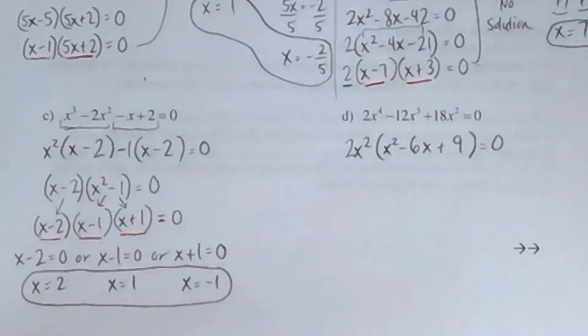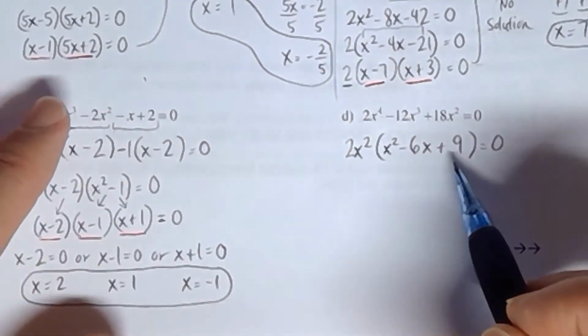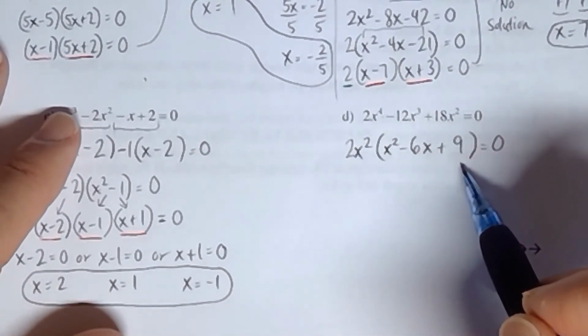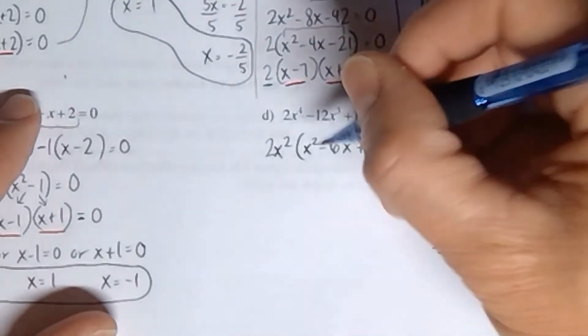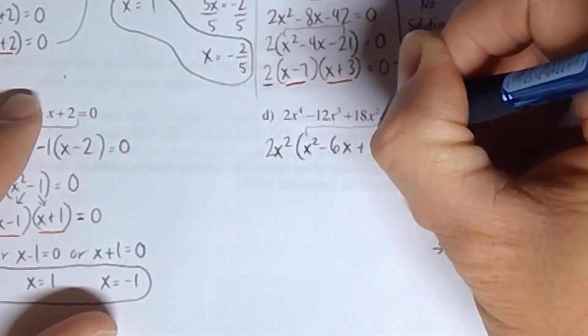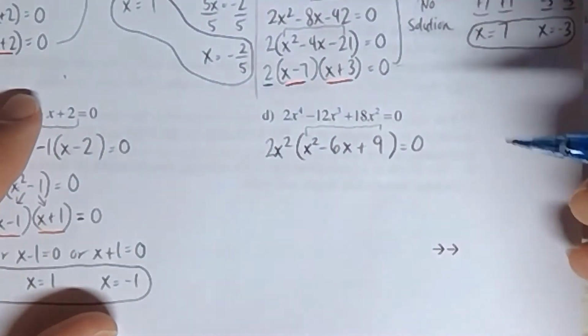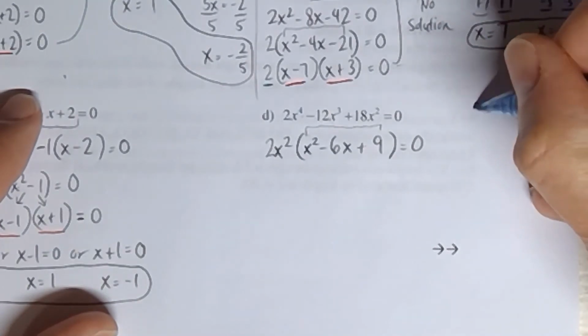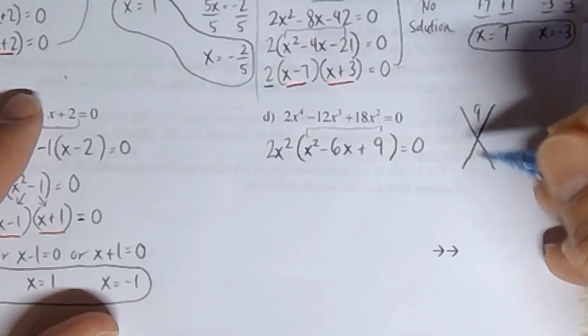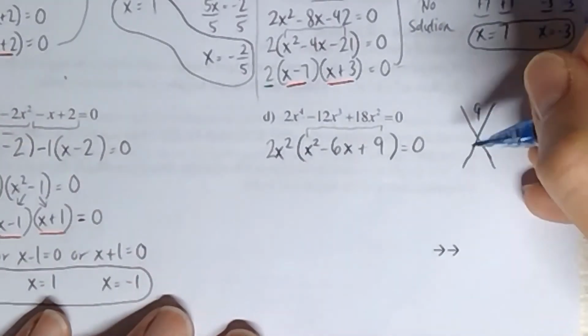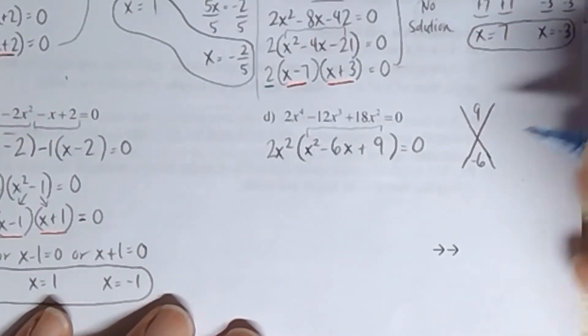Doesn't that look like the Berry method now? Inside that bracket with the x squared and the x and no x at all. And so that means that continuing on with my factoring after I do the GCF, 1 times 9 is equal to 9. Do my big X here that I do for the Berry method. And I need the 2 numbers to add up to -6.